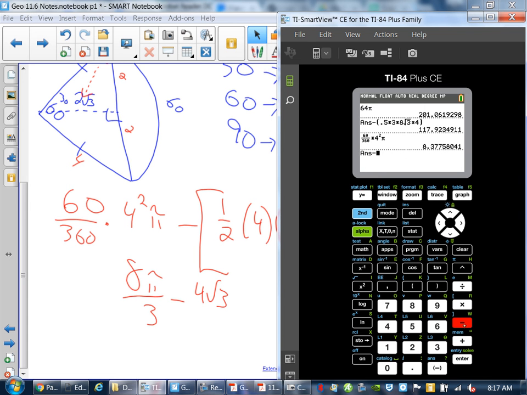And then we subtract 1/2 times 4 times 2 root 3. That's 1.45, something squared, units squared, and that gets me there.